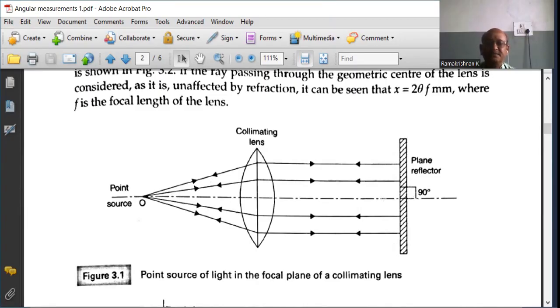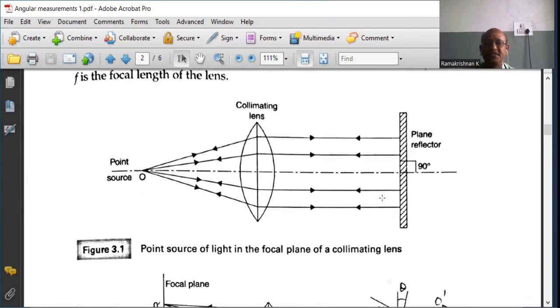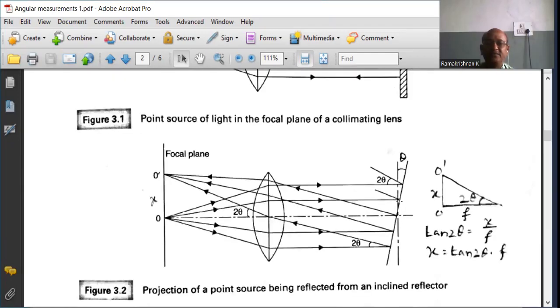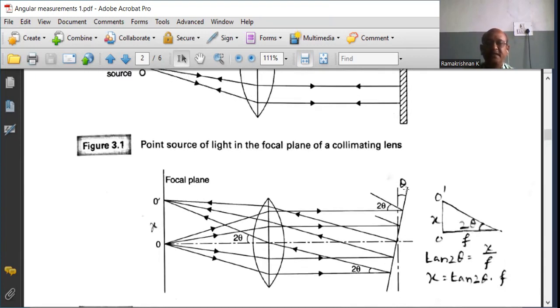Now, let us assume the reflector is tilted through a small angle theta, as you see in the diagram. As usual, the light rays are reflected by the angle 2 theta. Again it falls on the collimating lens, and the image will fall on O dash instead of O, which is x distance apart.